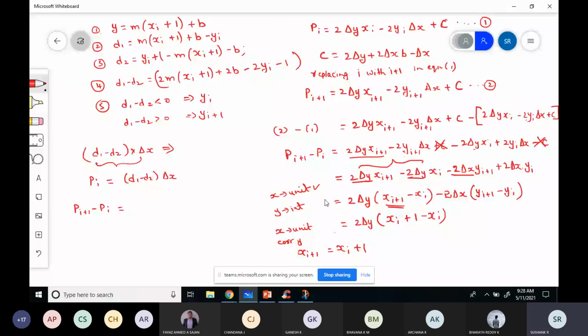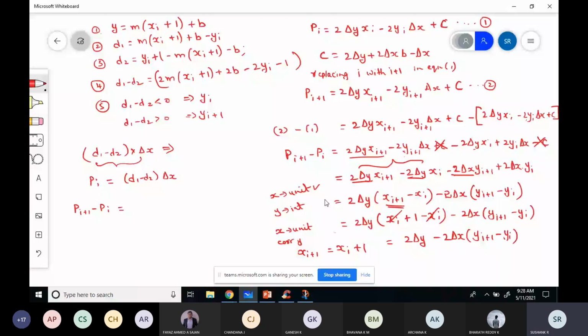So you can write it like this: minus 2 times delta x into y of i plus 1 minus y i. Now x and x will get cancelled. The equation will be 2 times delta y minus 2 times delta x into y of i plus 1 minus y i.